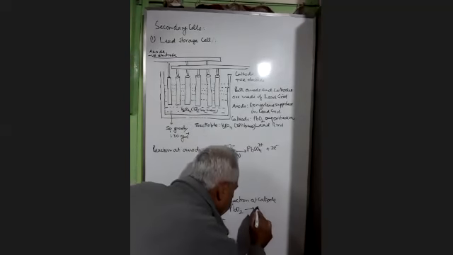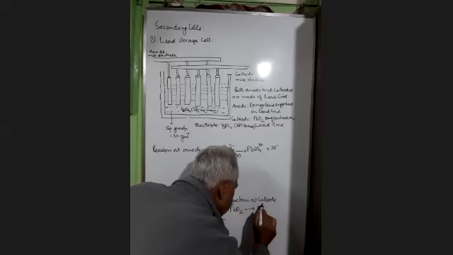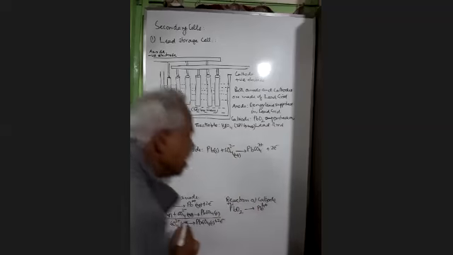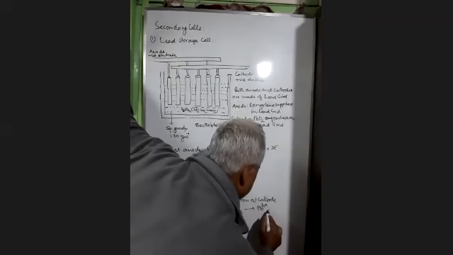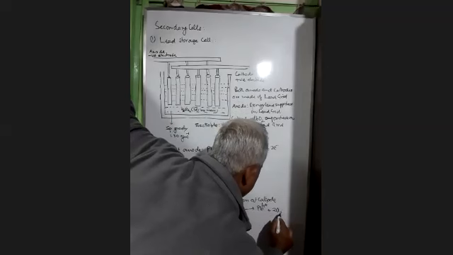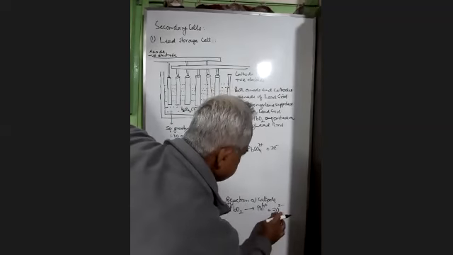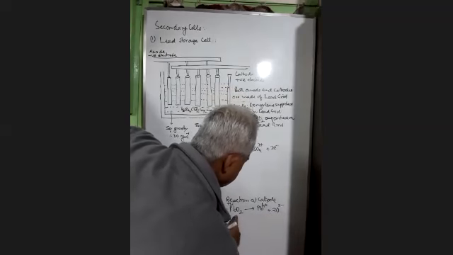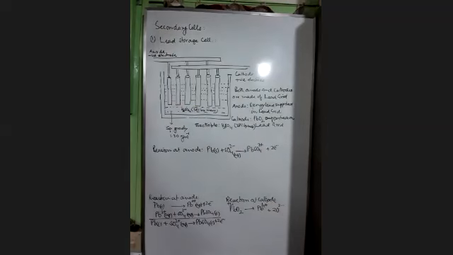So it will give you Pb4 plus plus 2O2 minus.